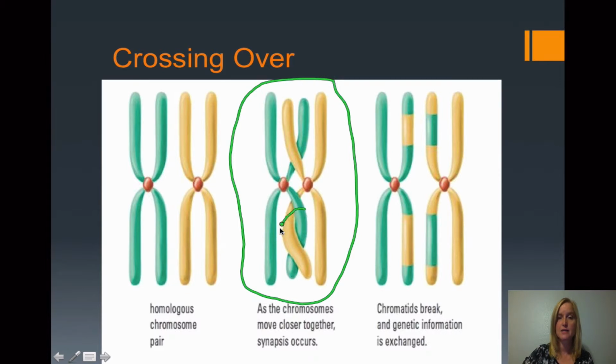And that's right here where these non-sister chromatids, these are called non-sister chromatids because these 2 yellow ones would be sister chromatids. These 2 green ones would be sister chromatids. But this green and yellow where they overlap, those are called non-sister chromatids. They come together, and what they do is they actually exchange some genetic information there. And so there's kind of this mixing up of the genetic information.